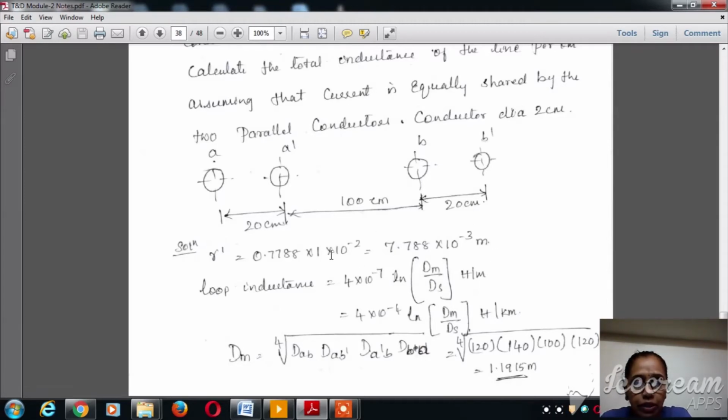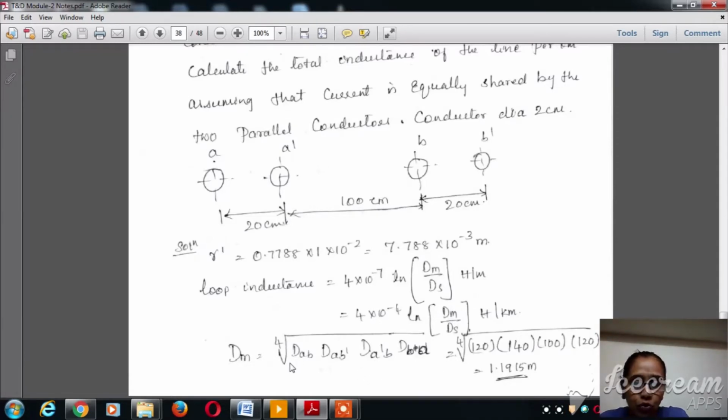After knowing the value of R dash, we can calculate the loop inductance. Loop inductance is equal to 4 into 10 to the power minus 7 ln Dm divided by Ds Henry per meter. Here Dm is equal to the 4th root of DAB dash, DA dash, DA dash B and DBA.